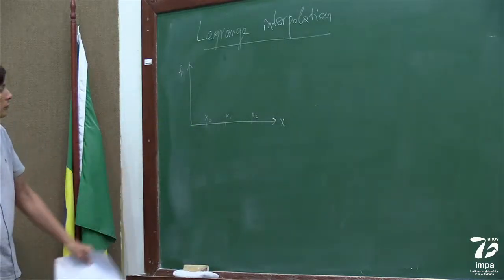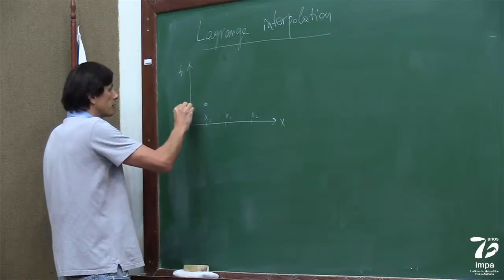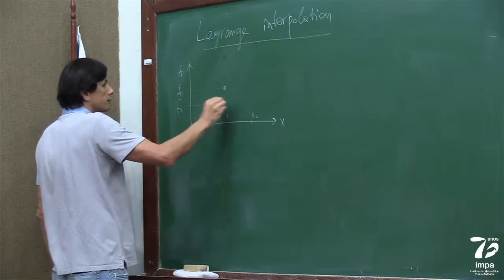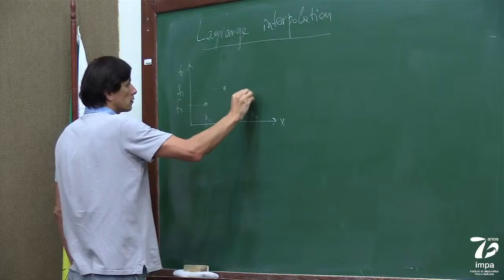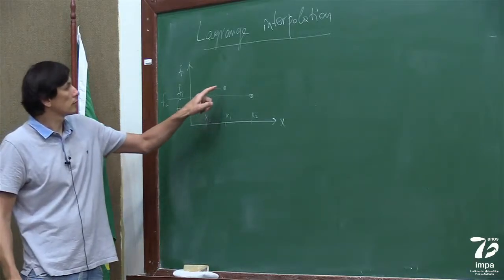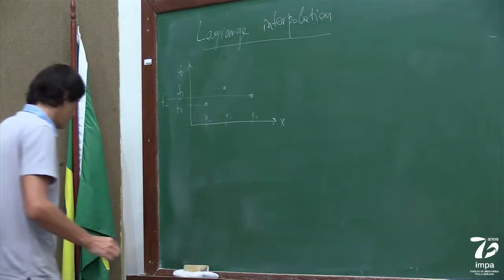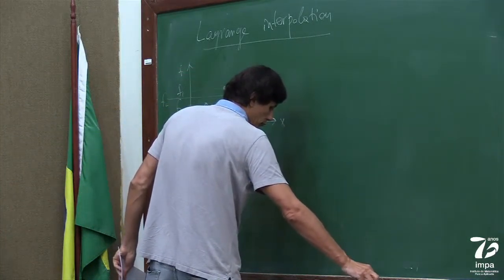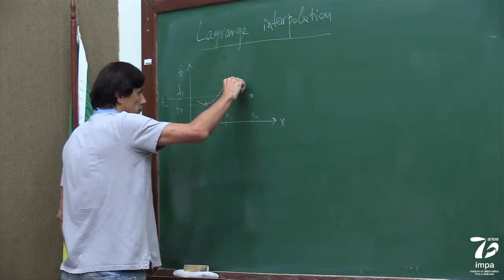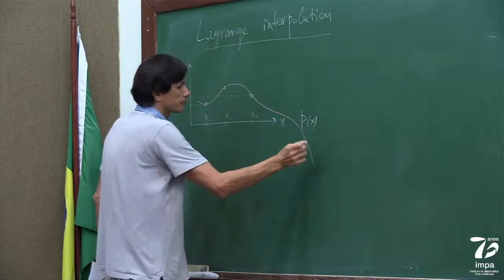For these particular points, which are all different, you know the values f0, f1, f2. So there are some finite number of points given on the graph of this function. The idea is to find a polynomial, p of x, which will pass through these points exactly, right?